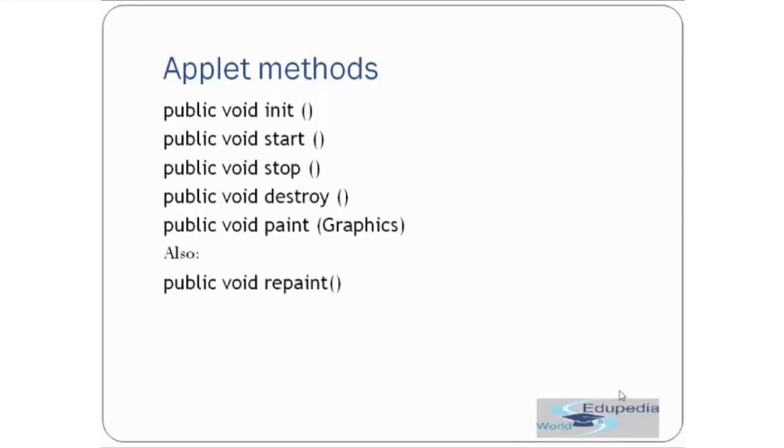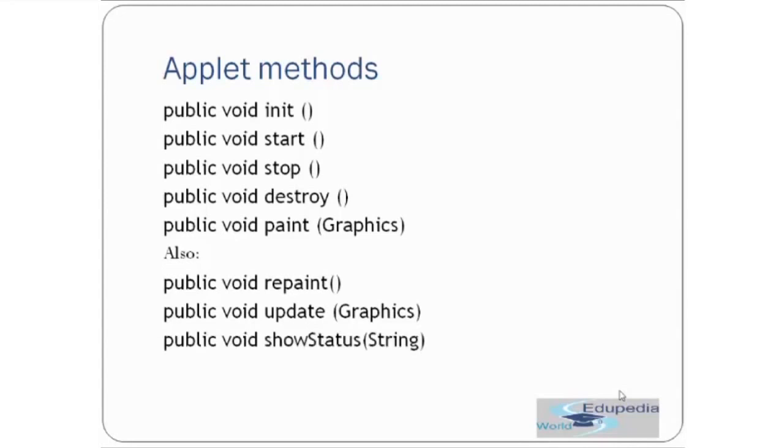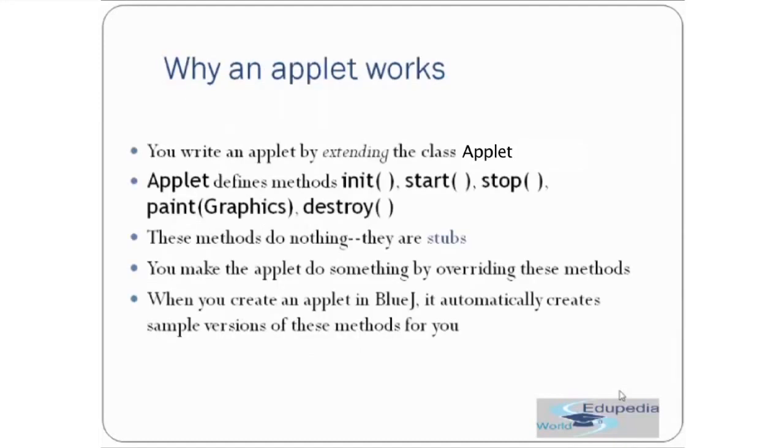Also, we have public void repaint. Then we have public void update, which takes graphics as a parameter, an object of the Graphics class. Then we have public void showStatus, which takes a string as a parameter. After that, we have public String getParameter, which takes a string as a parameter and also returns a string.